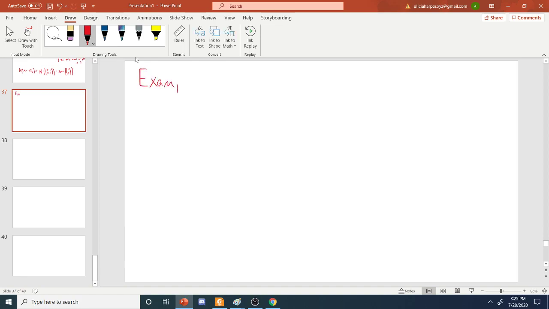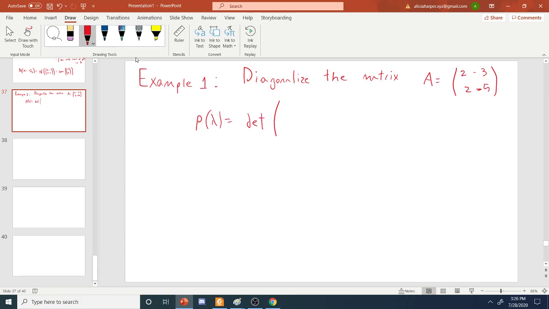Example 1: diagonalize the matrix A equal to 2, negative 3, 2, negative 5. So again, first thing I have to do is write down the characteristic polynomial, which is defined to be the determinant of the matrix 2 minus lambda, negative 3, 2, negative 5 minus lambda.